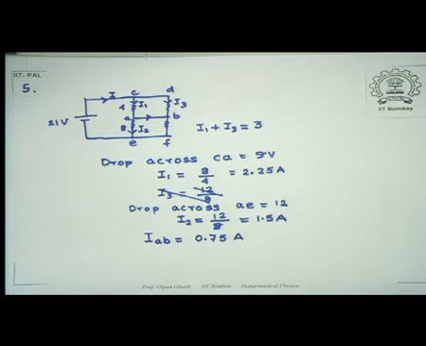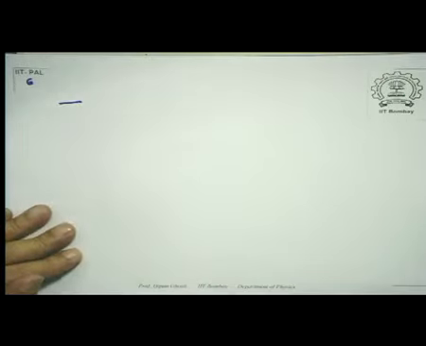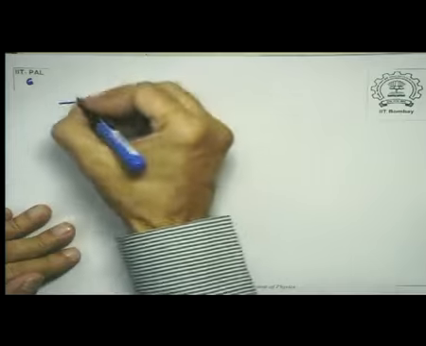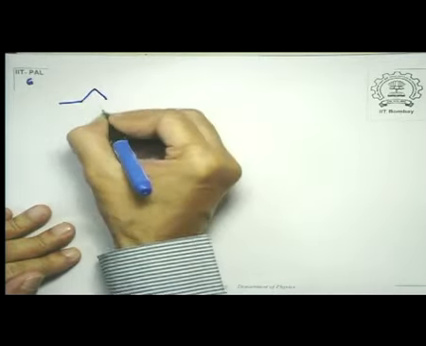So let me show you some slightly more complicated problems. Suppose I have a situation like this. Now instead of drawing wiggly lines for resistances, let me for the moment just draw them like this, but I will tell you where the resistances are.